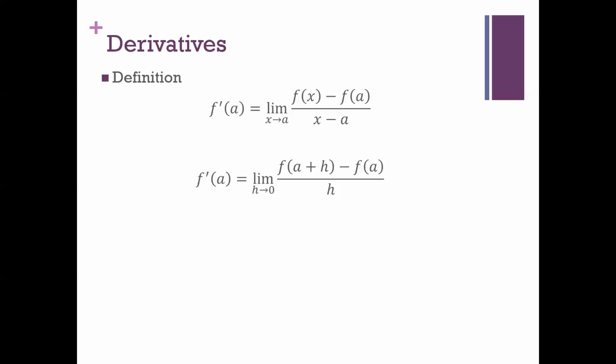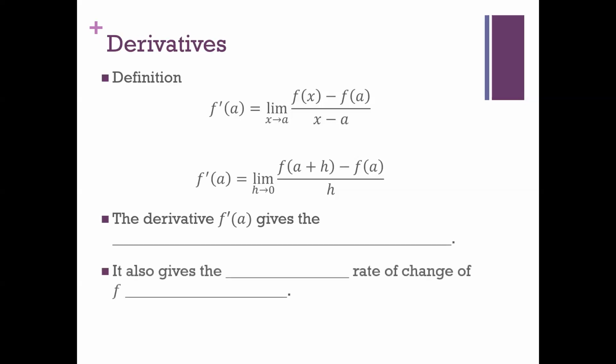In that case, what does h represent? Basically, h is how far apart those x values are. So does it make sense that I want to take the limit as h goes to 0? I want to make those x values approach each other.